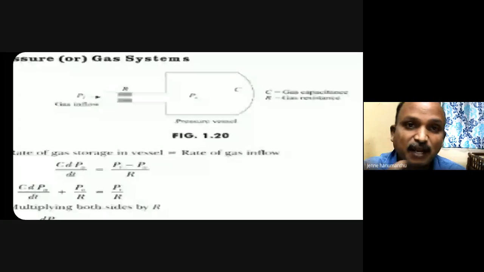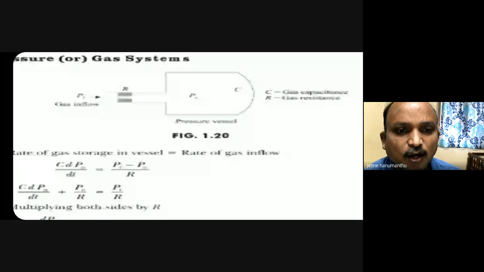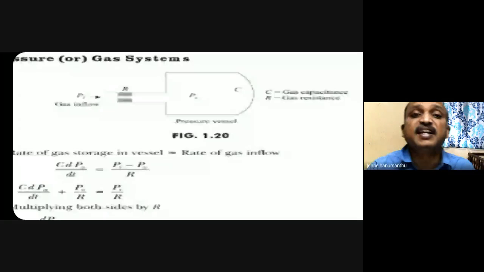So what is the pressure value inside the vessel? That is the other parameter. We have to measure it. Then one more, because the pressure vessel has some large surface area. See, this is a closed surface area inside it.